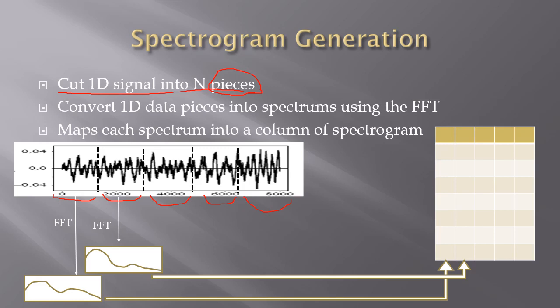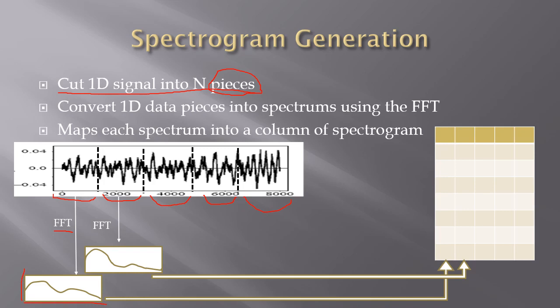Now for each of the 5 frames, we have to convert the signal into the frequency domain by using the fast Fourier transform. So we apply the fast Fourier transform to the time domain representation, this is one frame, to become a spectrum. The vertical axis is the power, the horizontal axis is the frequency.